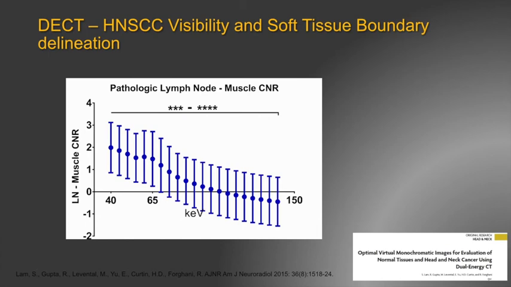A detailed discussion of this is beyond the scope of this talk, but it should be noted that many of these studies were in the earlier days of DECT, and at least as it pertains to CNR, certain mitigation strategies are possible for noise reduction that would make it such that the CNR would be highest on 40 kV VMIs.